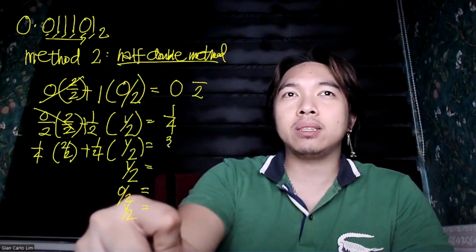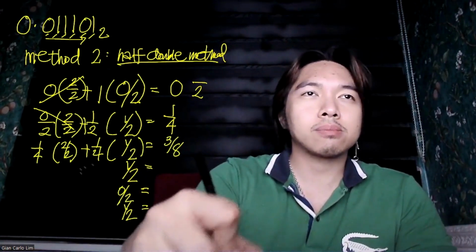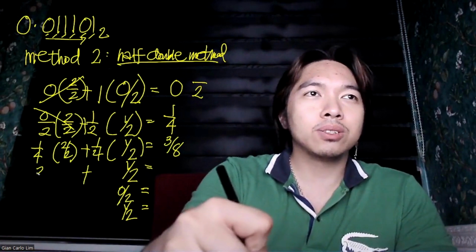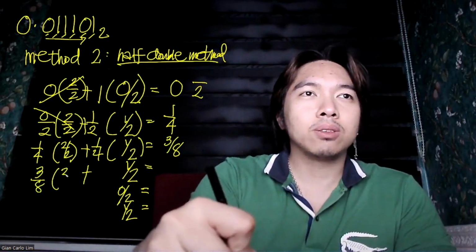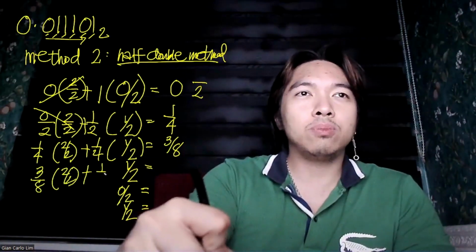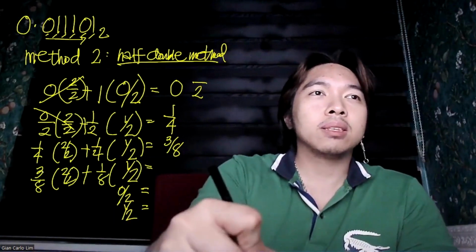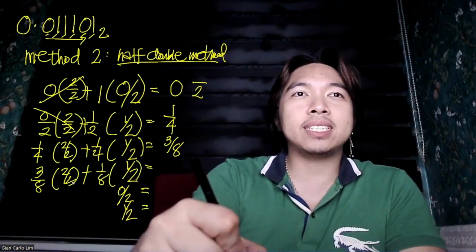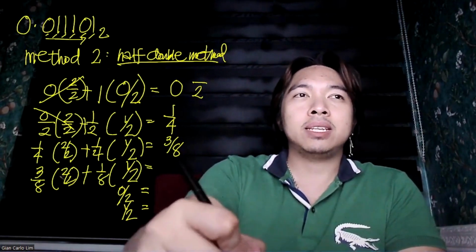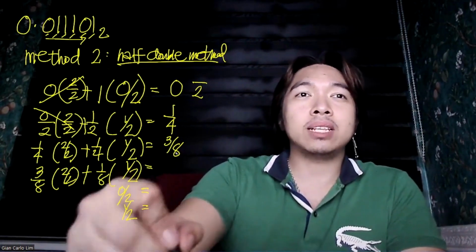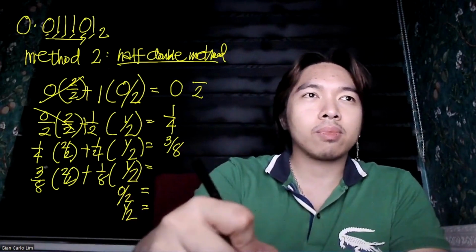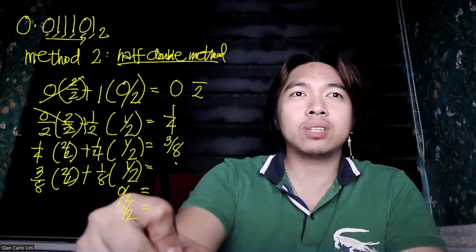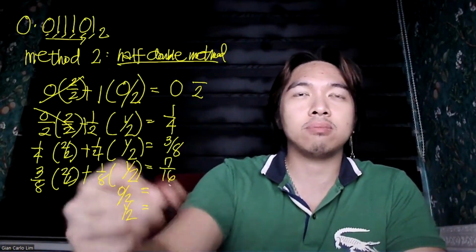So that would be 3/8. Plus, so this is 3/8. 2/2. And then this would be 1/8. 3/8, 2/2. So that would be 6/16. 6/16 plus 1. So that would be 7/16.